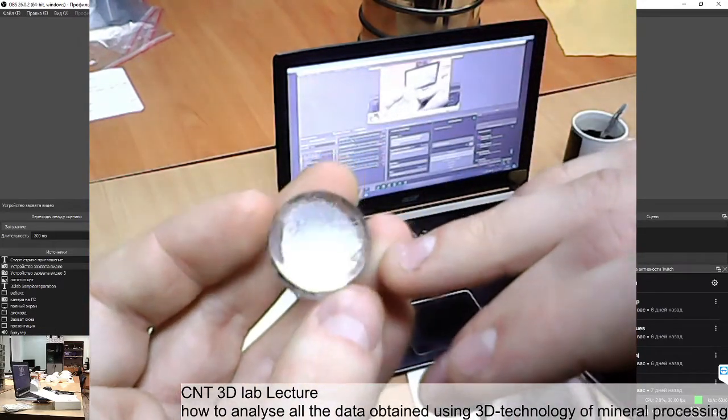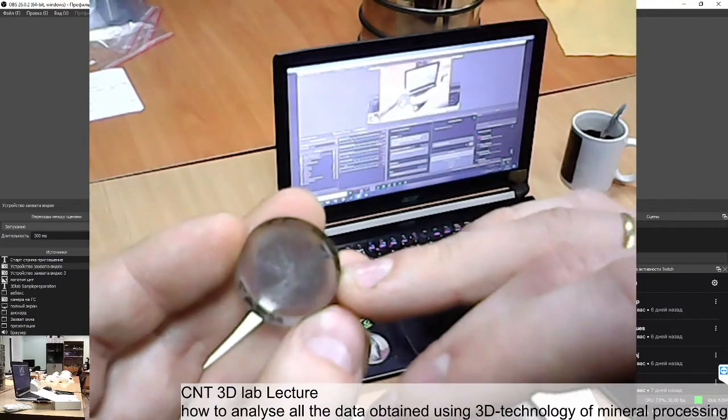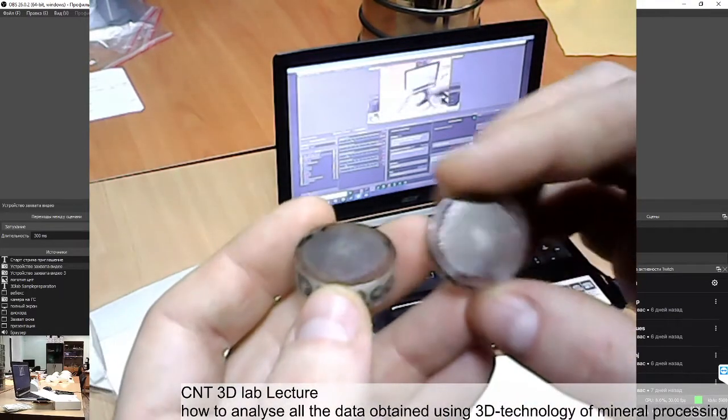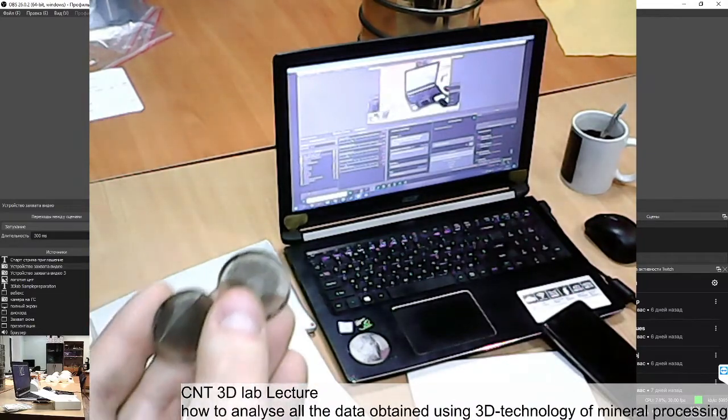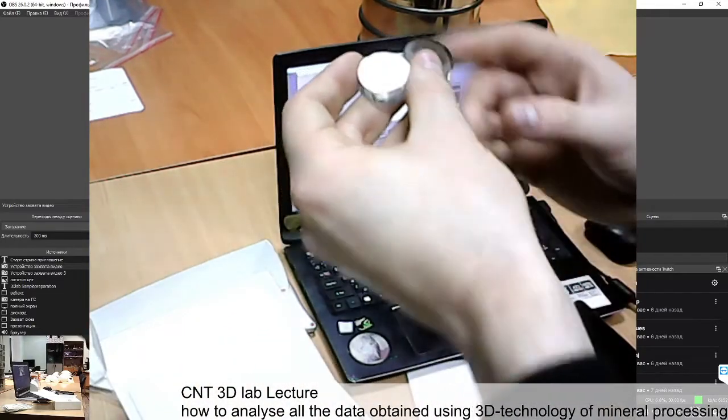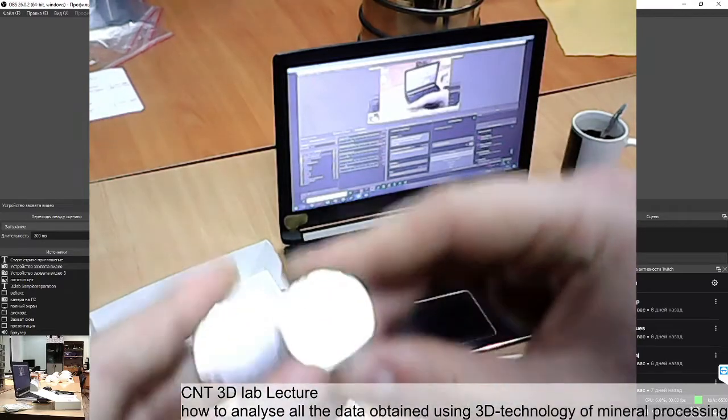So they are very well separated and sorted.